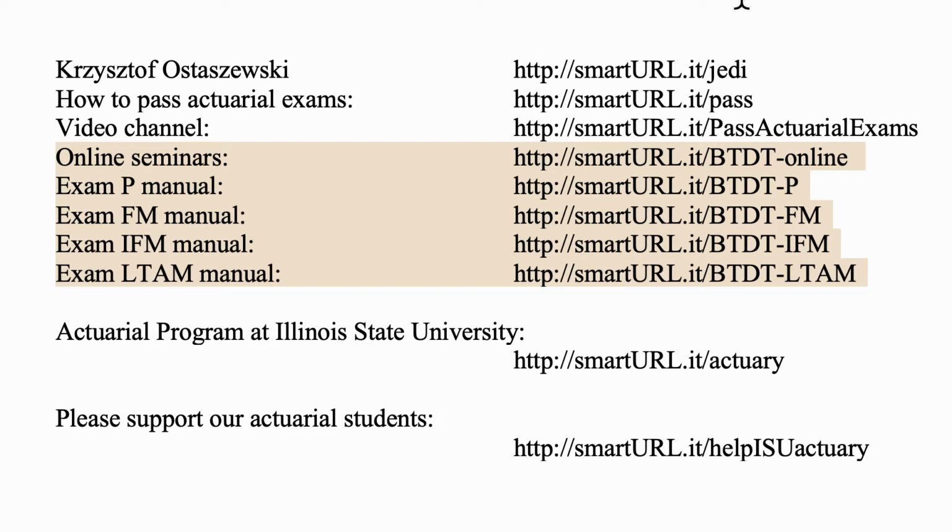And all of these internet addresses or URLs, URL means Uniform Resource Locator, have this acronym BTDT in them. That's the brand name I use, and it stands for Been There, Done That, because if you want to pass actuarial exams, when you take the exam, every time you look at a problem, you should be able to say, been there, done that, so that you clearly know what to do immediately.